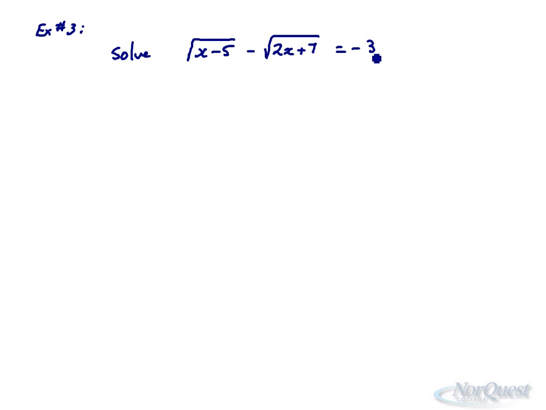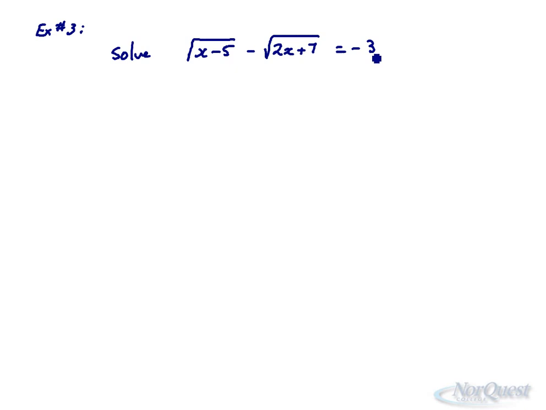This is a very difficult question to solve algebraically. You have to square a couple times to eliminate variables. You'll have binomials. It's messy. If you ever see two radicals in your question, then it's going to really encourage you to solve this graphically.